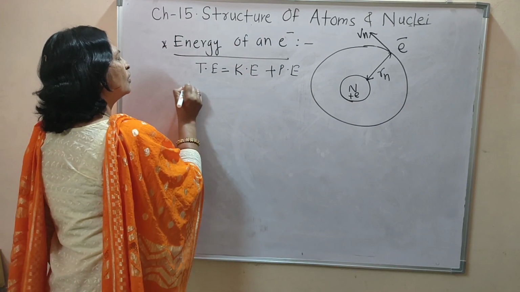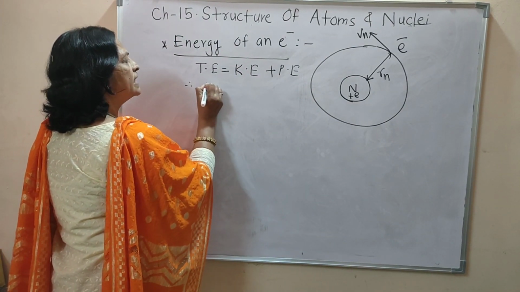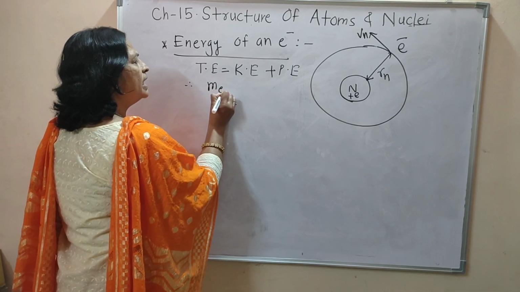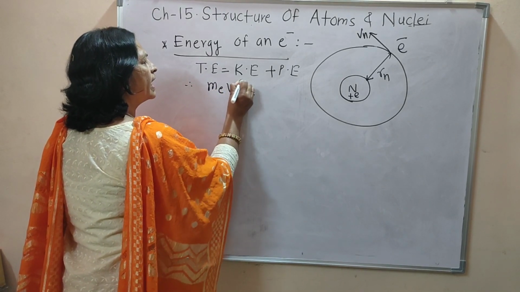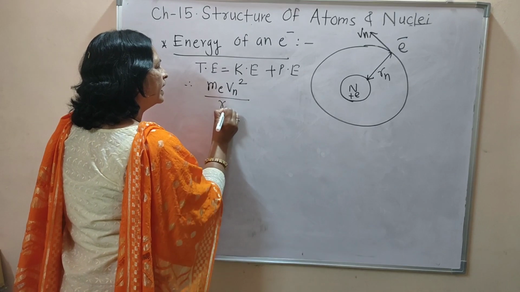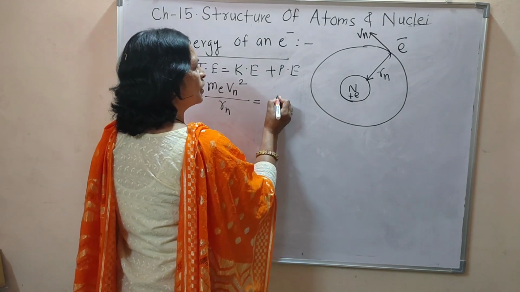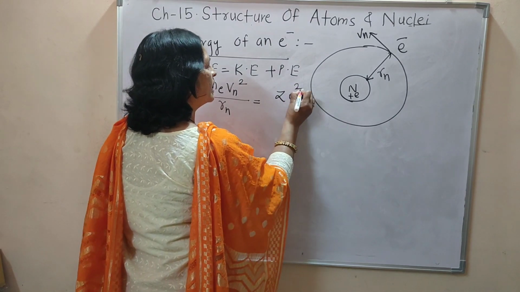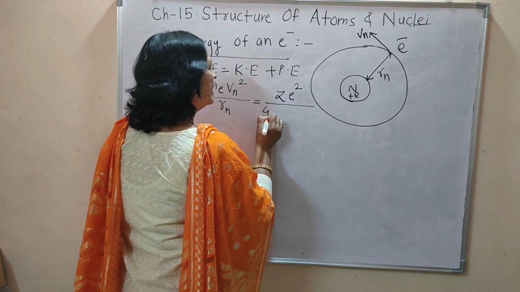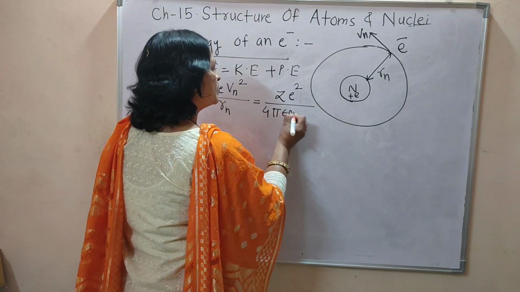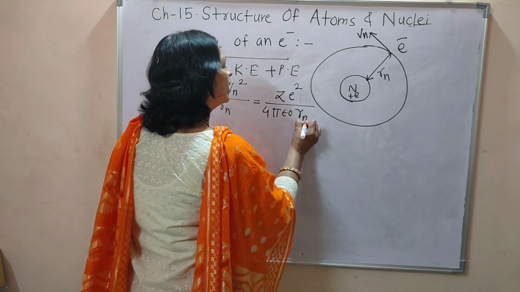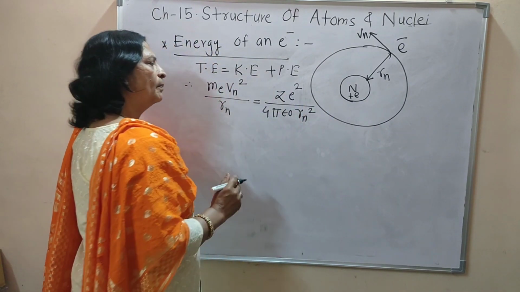Therefore, according to the first postulate, the centripetal force, me Vn square divided by Rn, is equal to the electrostatic force of attraction, that is Ze square divided by 4 pi epsilon naught Rn square, the Coulomb force.